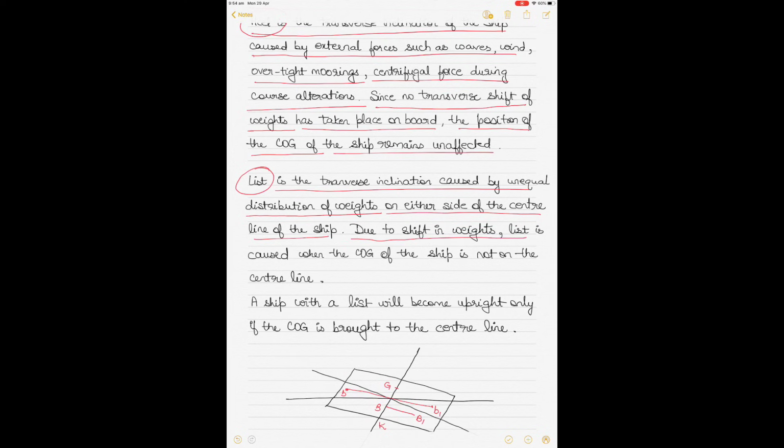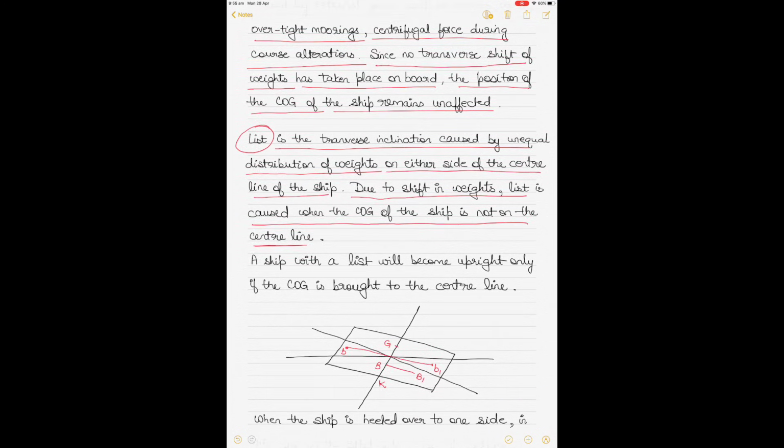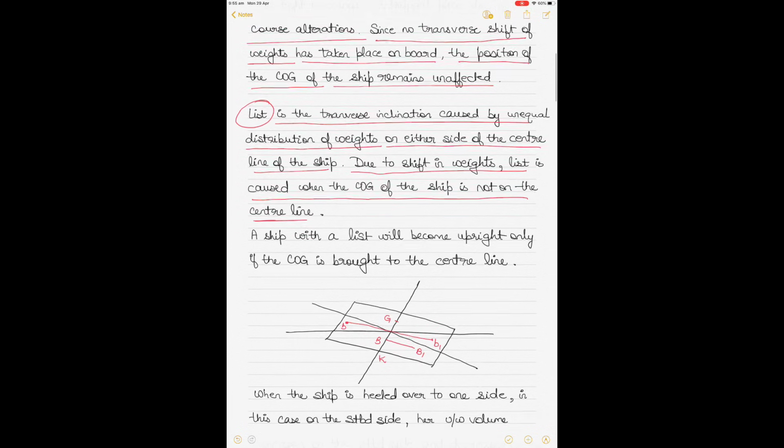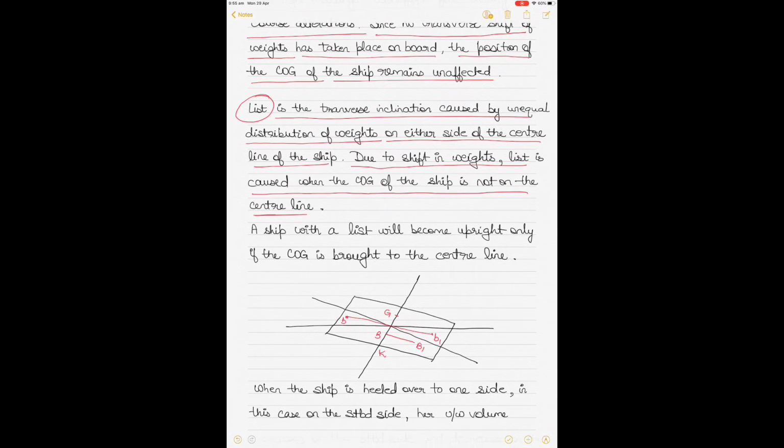Due to the shift in the weights, the list is caused when the center of gravity of the ship is not on the center line. As soon as you shift weight, load or discharge, unequal distribution of weights takes place, the center of gravity of the ship shifts, because of which the vessel lists. A ship with a list becomes upright only if the center of gravity is brought back to the center line.